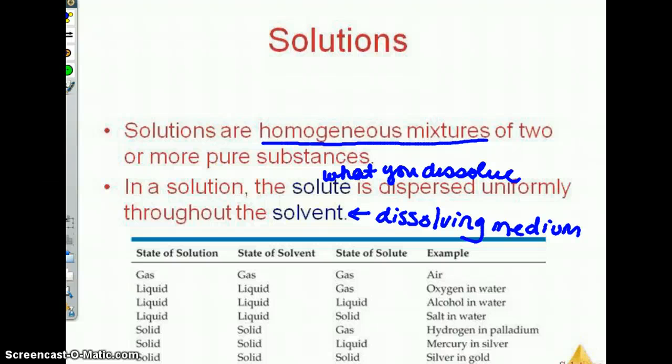Now, you can have substances that are in different states forming a solution. Let's look down here at the examples they give. The first example is if I put a gas and a gas together and mix them, my solution is going to be a gas. The example is the air in the room that we're breathing right now. What gases are present in the air?